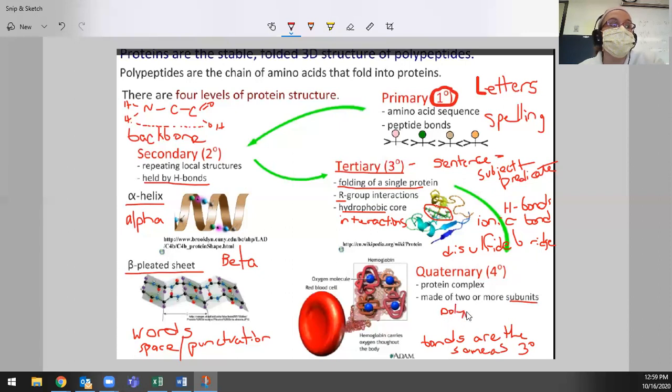When it's a single, it's a polypeptide, but once you combine them together, then we typically call them polypeptide subunits, but we oftentimes drop the polypeptide part. So this would be, in the same analogy, like paragraphs. So you don't just have single sentences, you put the sentences together, make a paragraph, and you can put some more paragraphs together and make a whole essay if you want.